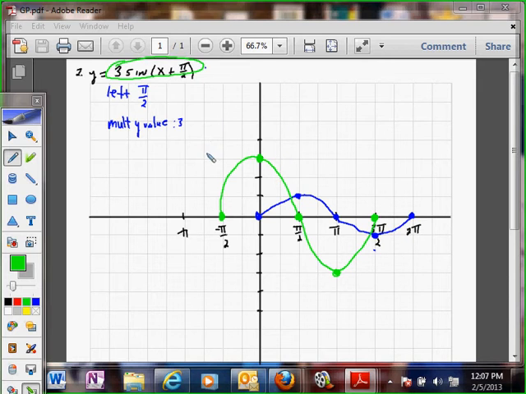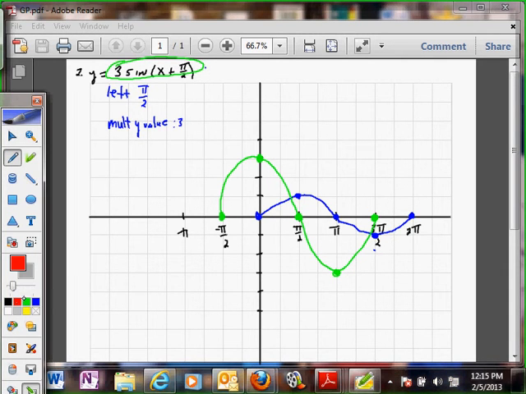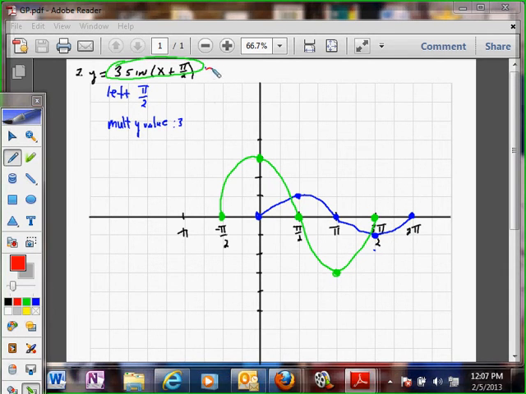Now I want to add something to this. This is the answer to number 2 on your homework. But I just want to take the time for a second. What if there would have been minus 2 out here? If there would have been minus 2 out here, then I would have done the same thing. Starting with this point, changing my color here, it's in red, I would have gone left pi halves, multiply the y value by 3, and then down 2.